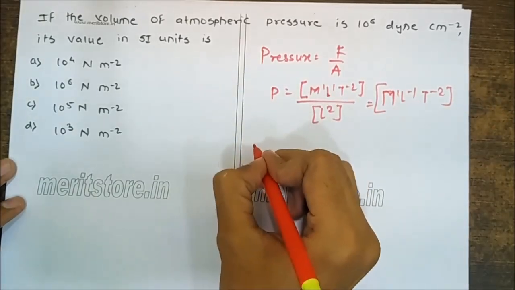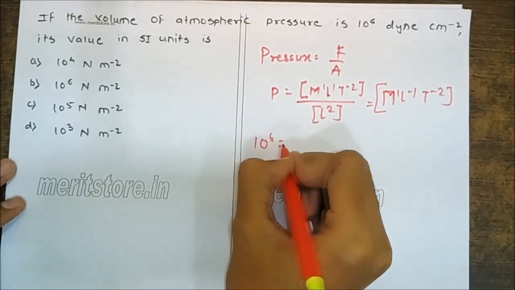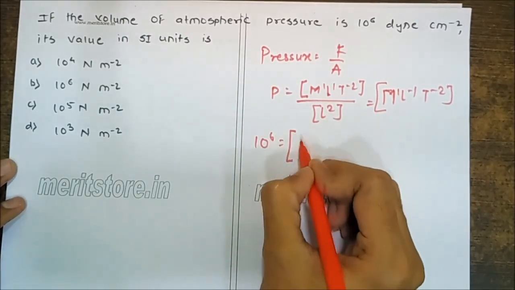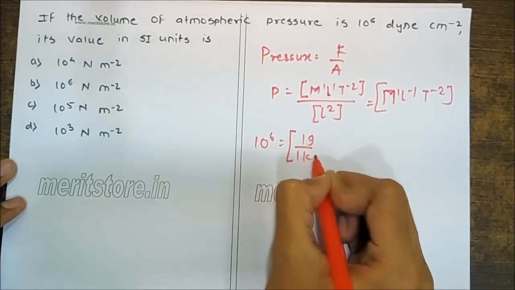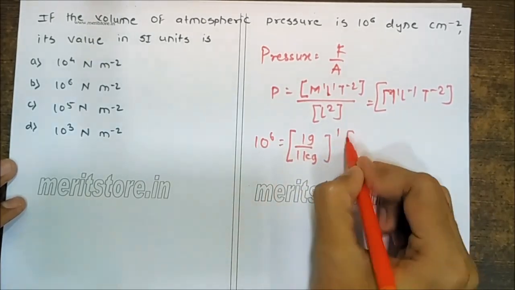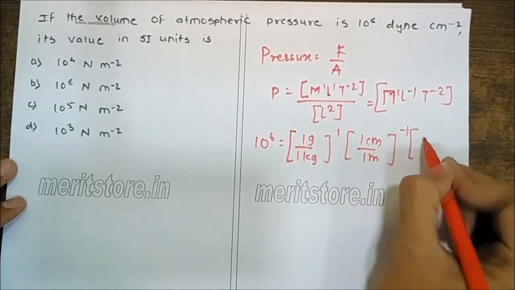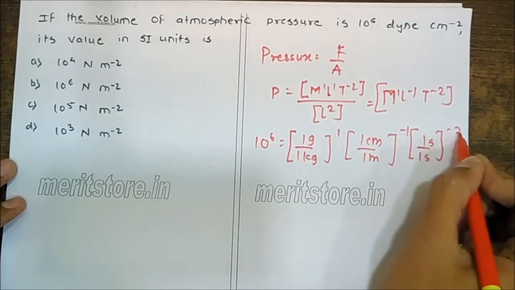So for the 10 raised to 6, we can convert this in the SI unit: 1 gram becomes 1 kg raised to 1, 1 centimeter upon 1 meter raised to minus 1, and 1 second upon 1 second raised to minus 2.